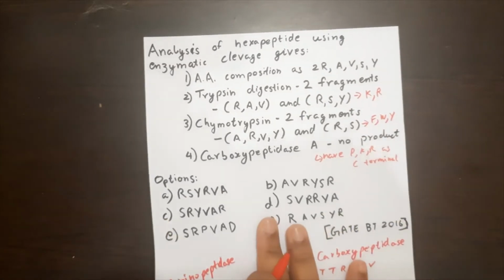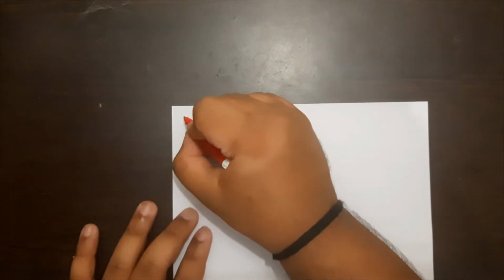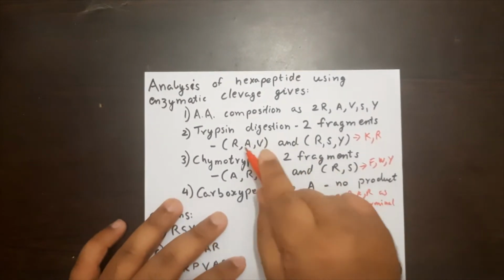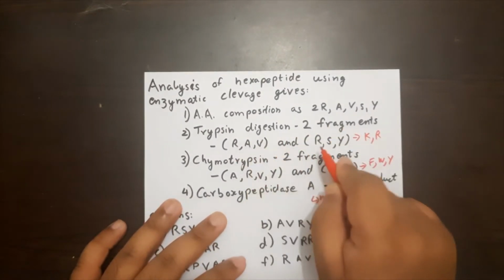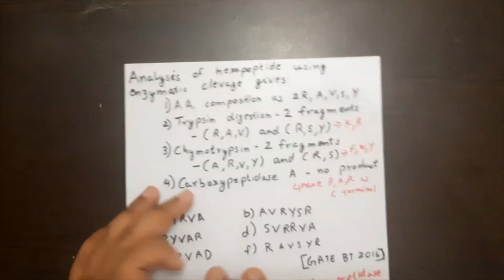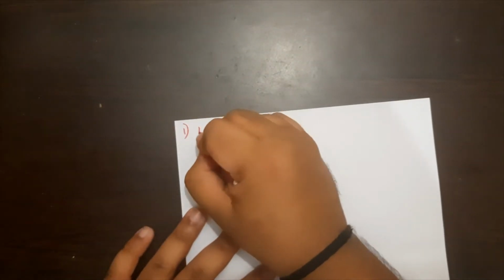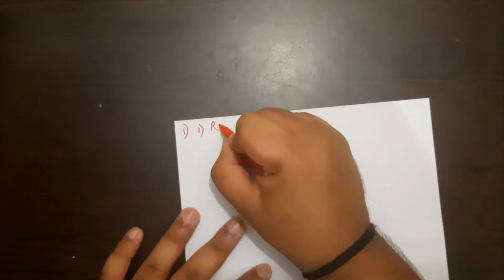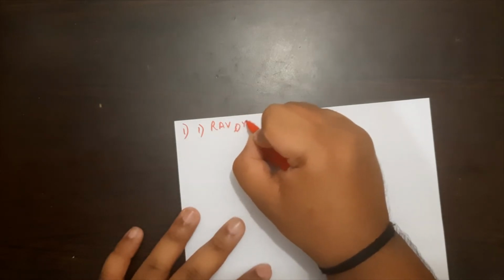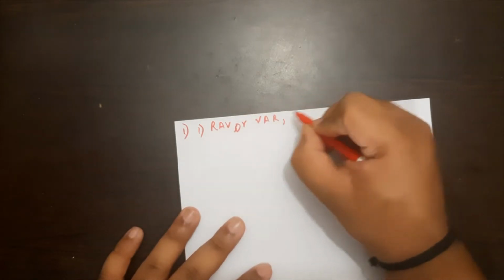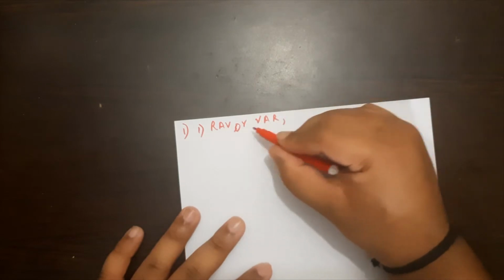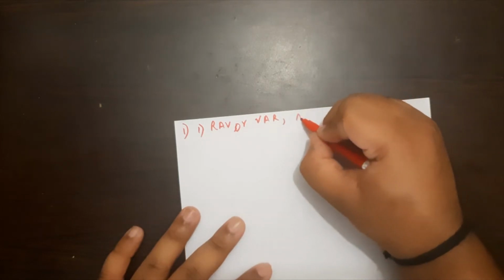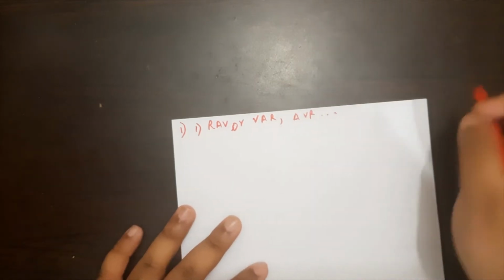Now first, I'll just flip the page. The first analysis we have to do is the trypsin cleavage, which gives two fragments, RAV and RSY. Now what does that mean? One of the fragments can be RAV or VAR, AVR and so on, the different permutation combinations.